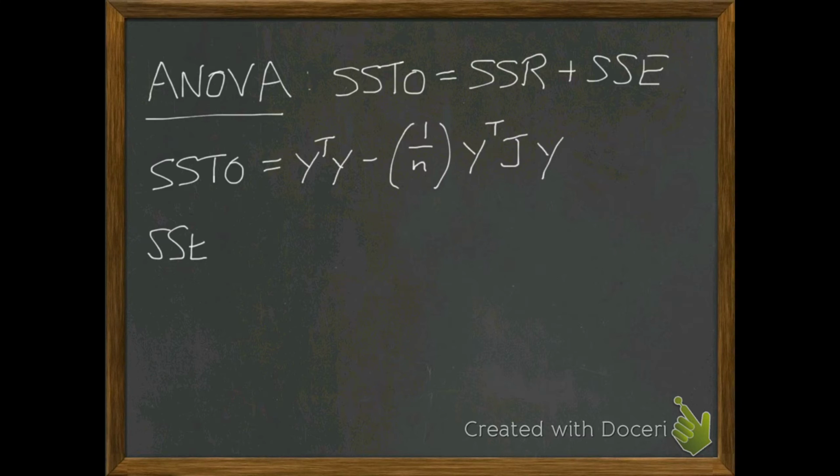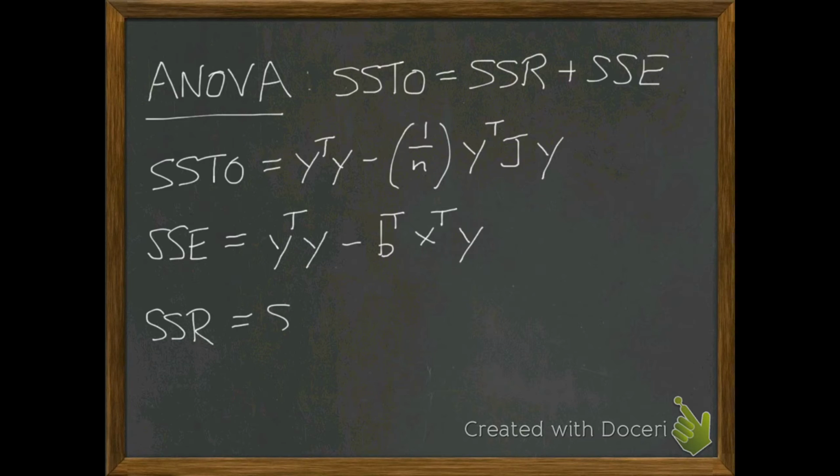The sum of squares for error, if my memory serves me correctly, is y transpose y minus b transpose x transpose y. And the sum of squares for the regression, what I would do here is take the sum of squares total minus the sum of squares for the error.